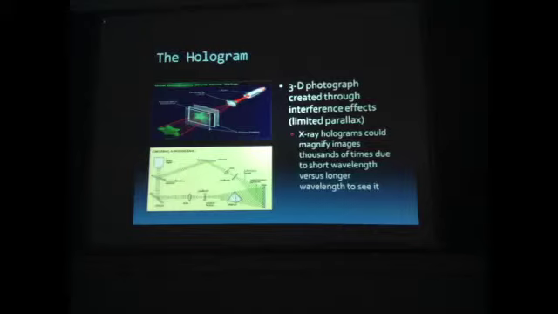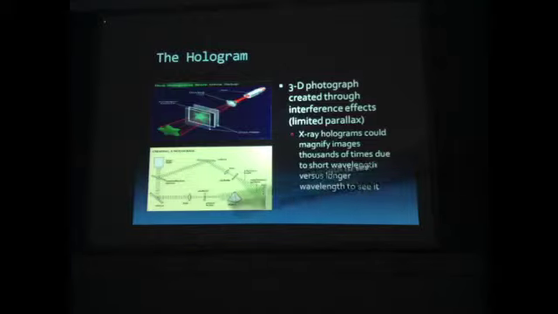One interesting effect of holograms is when you use visible light to see it, but small wavelength to create it, you get a magnification effect. So we haven't made them yet, but if you can create X-ray holograms, you would magnify the image thousands of times.